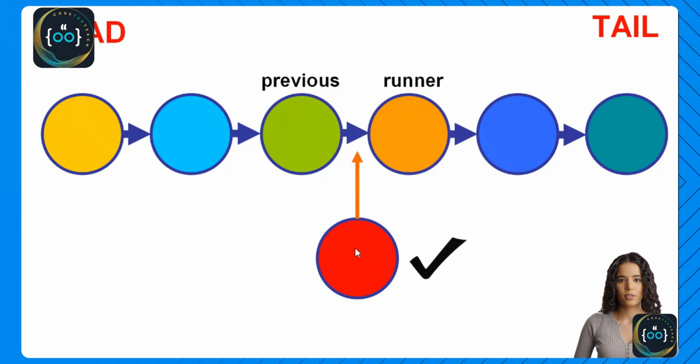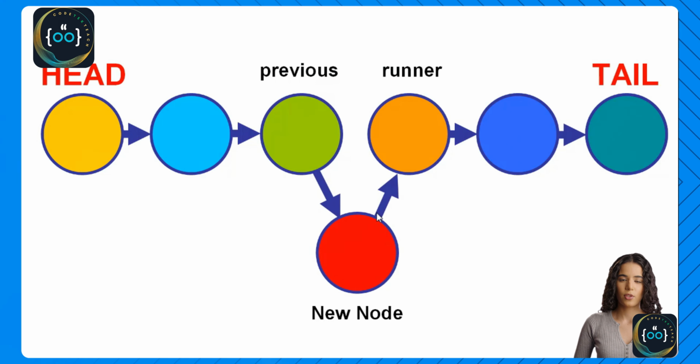So if this is less than this node, and this is greater than this node, we know that this is the insertion spot to preserve increasing order. We insert it just like you just learned. We make a pointer from the green node to the red node, and then from the red node to the orange node, from the previous to the new node, and from the new node to the runner.